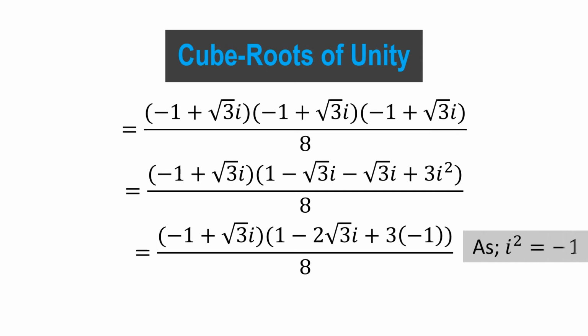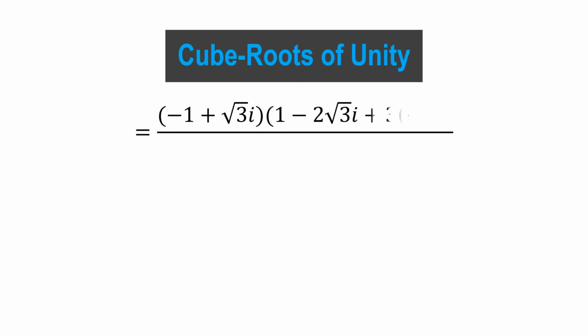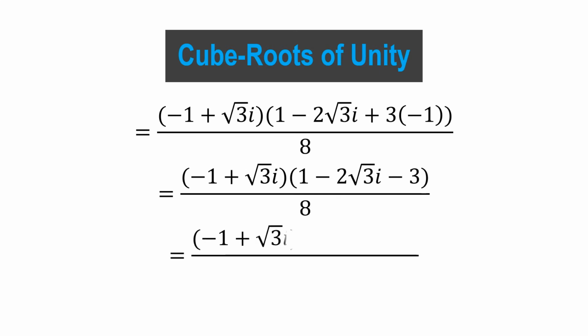We simplify it and get minus 1 plus square root of 3 iota into 1 minus 2 into square root of 3 iota plus 3 into minus 1 whole divided by 8, as iota squared is equal to minus 1.